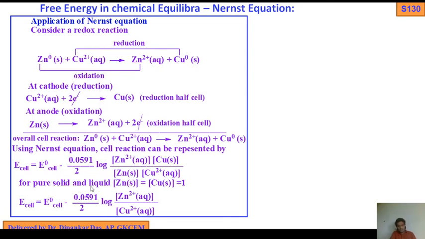For pure solids and liquids, the molar concentration of zinc solid and of copper solid equals 1, so it is neglected.